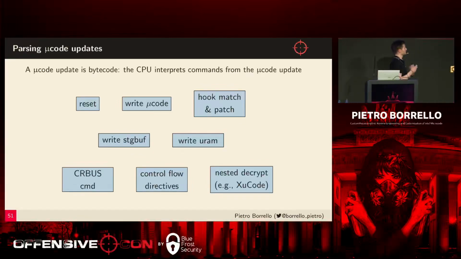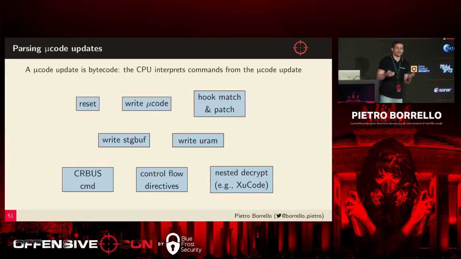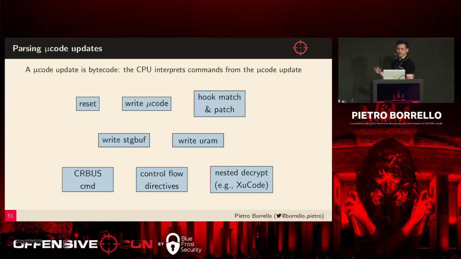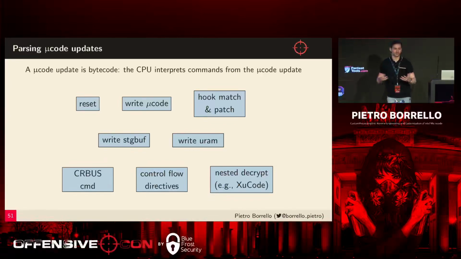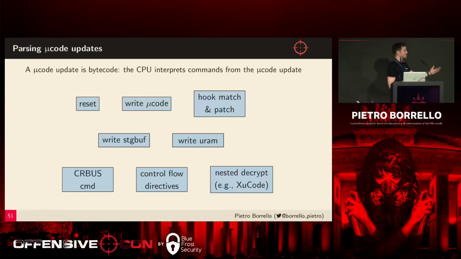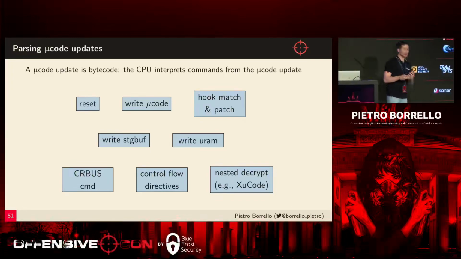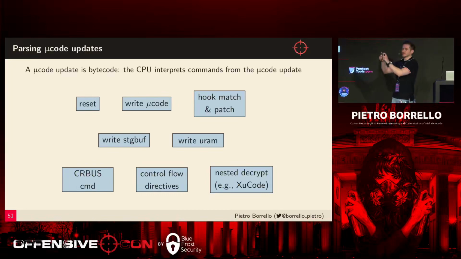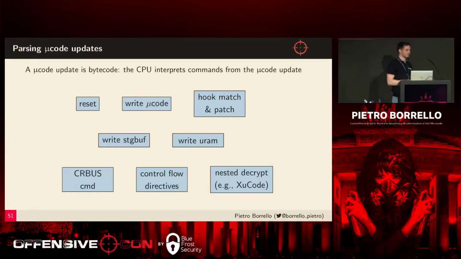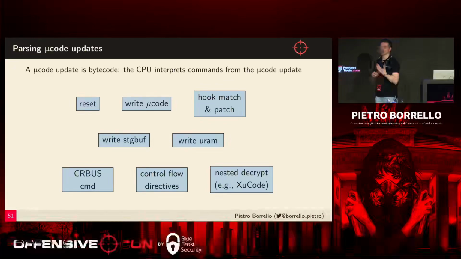But what we found is that the microcode update is actually a bytecode that tells the CPU how to update itself. It contains a bunch of commands that, for example, can reset the internal states inside the CPU, can write microcode values, or can hook different operations multiple times during the update to do temporary updates while updating the whole CPU, or write to internal buffers, sending commands to the CR bus, so changing the configuration on the fly while updating.